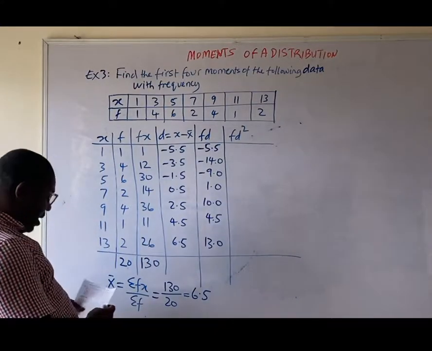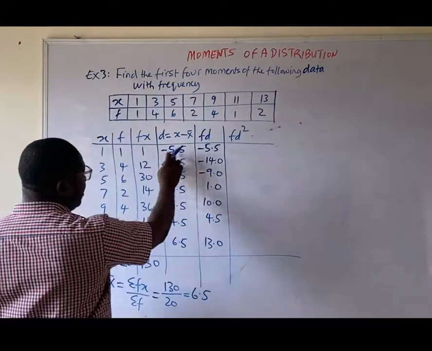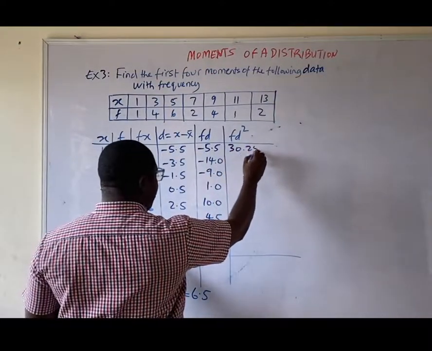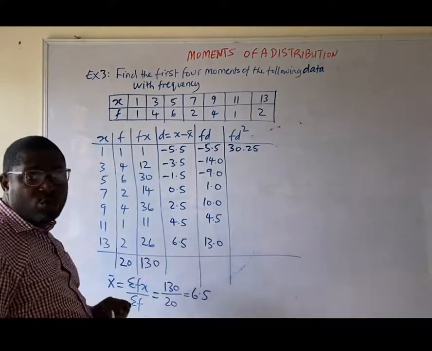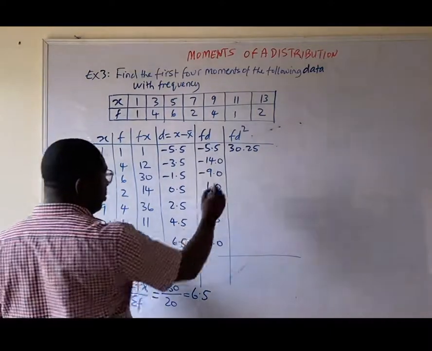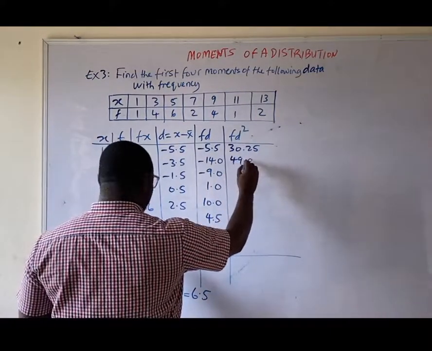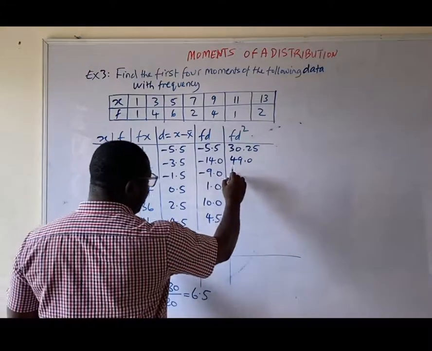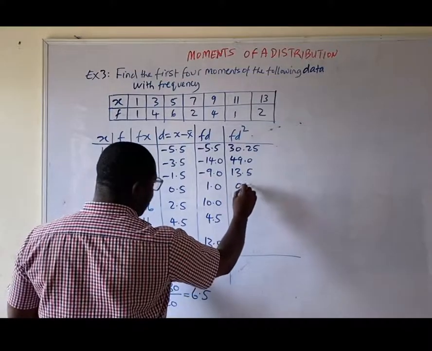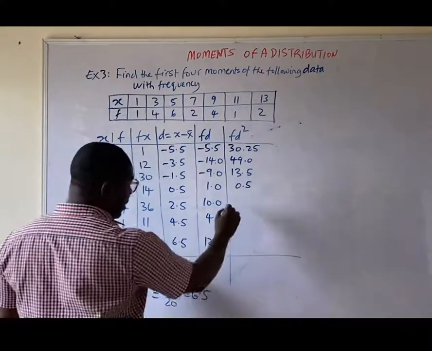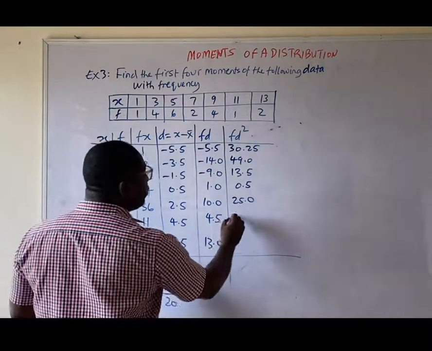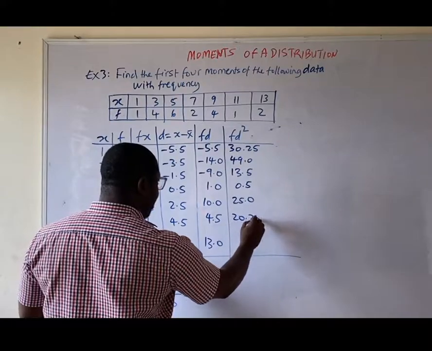The first value, if we multiply this times this, should give you 30.25. I have rounded off to 2 decimal places in my solution. The next one will give us 49.0. The next one will give us 13.5. The next one will give us 0.5. The next one will give us 25.0. The next one will give us 20.25.